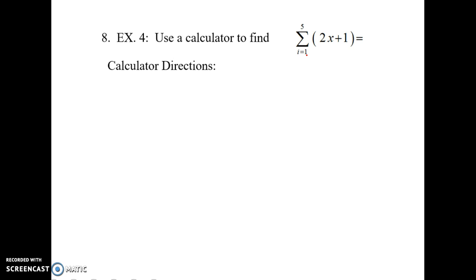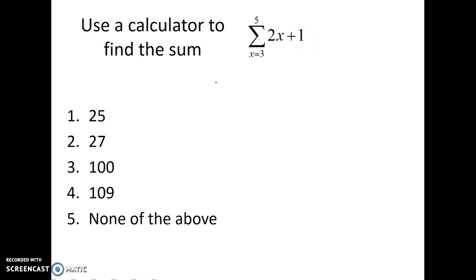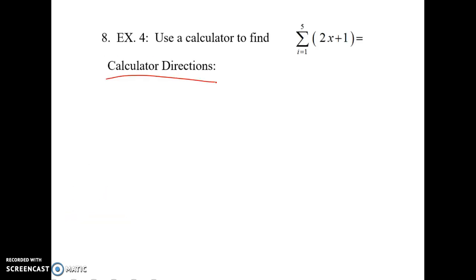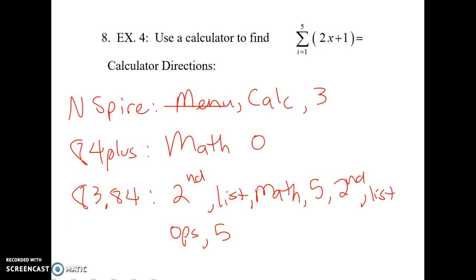Lastly, we're going to find summation using calculator. Okay, instead of using the memorized formulas, you can just carefully type this in your calculator depending on which calculator you are using. There are Inspire rules. If you're using an Inspire, hit the menu button, go to Calculus, and choose option 3.